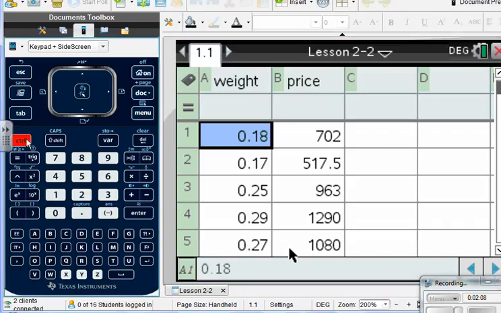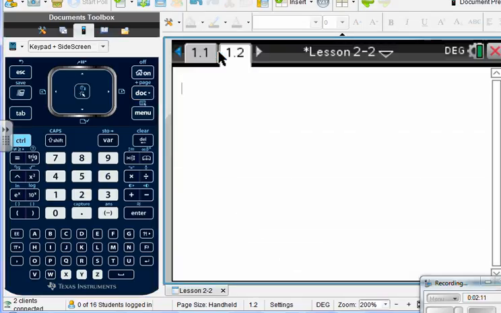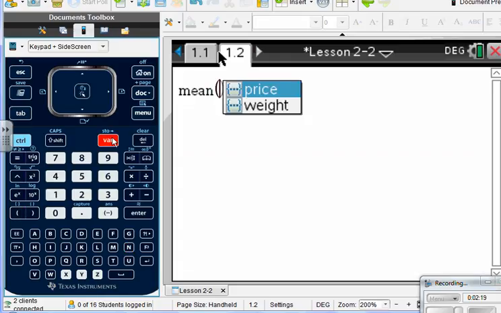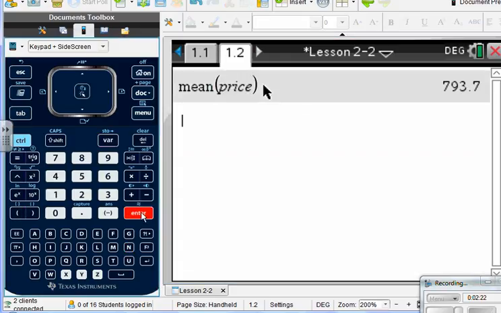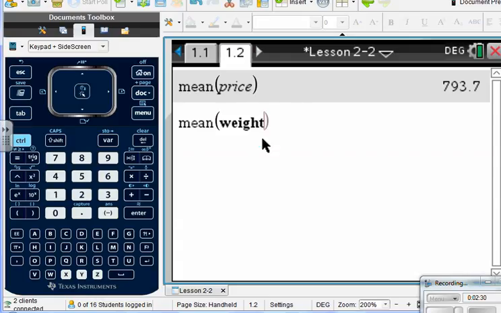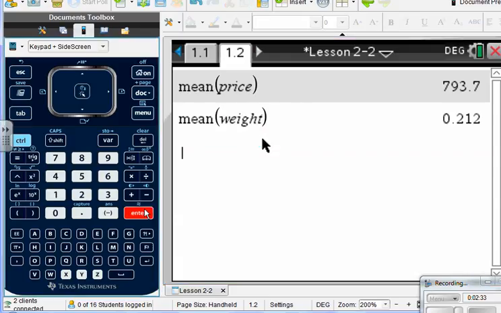We're going to go to a calculator page, and tell our calculator to find the mean of the price and the mean of the weight. Or, if you would rather, you can do one variable statistics on both of those lists and get your means that way, but I think typing in the word mean is actually easier.